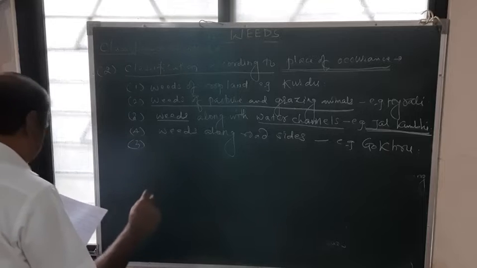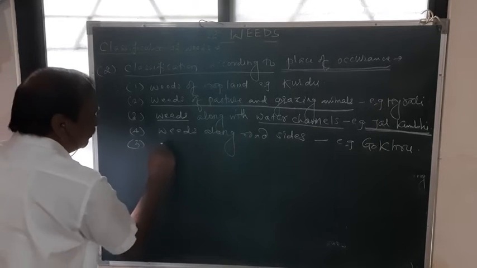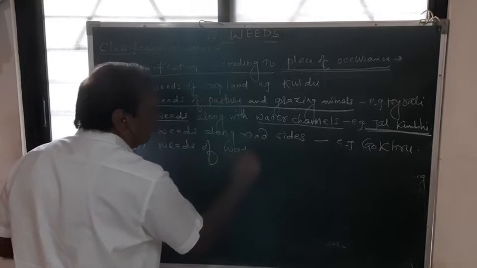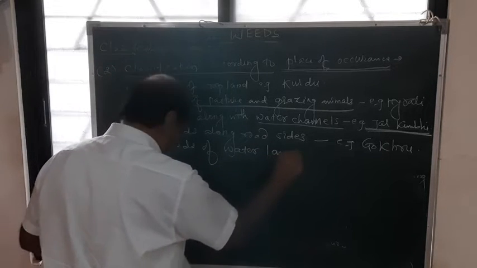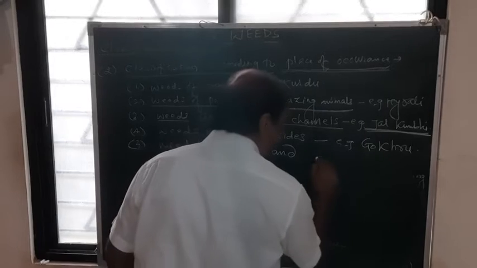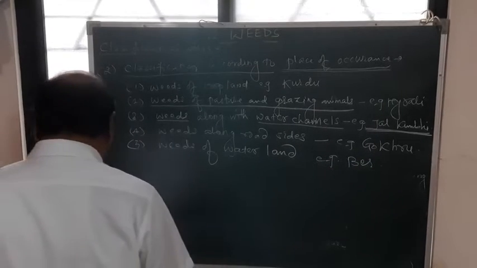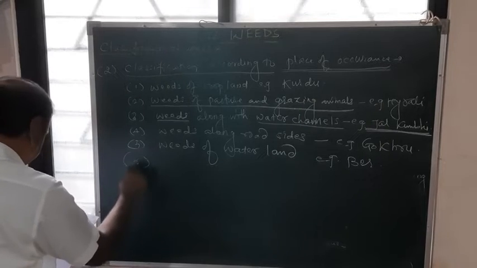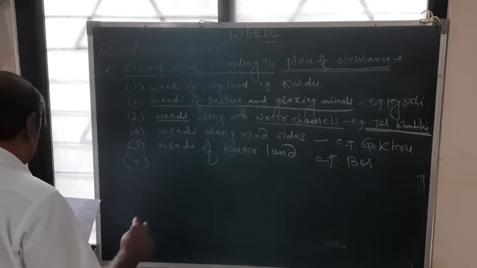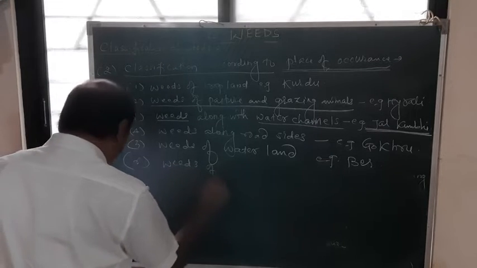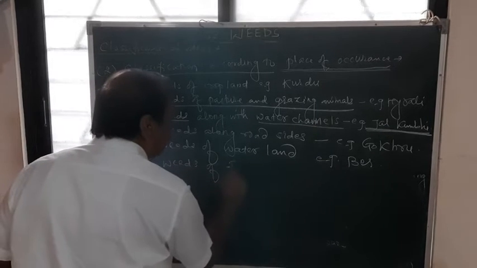the weeds of waterland. Example is bear. Then next, the sixth, is weeds of forest land.